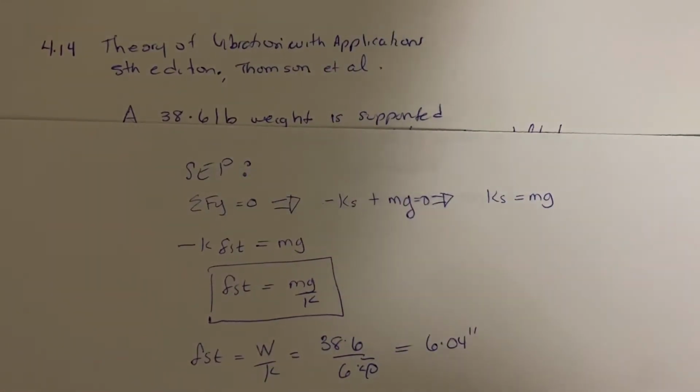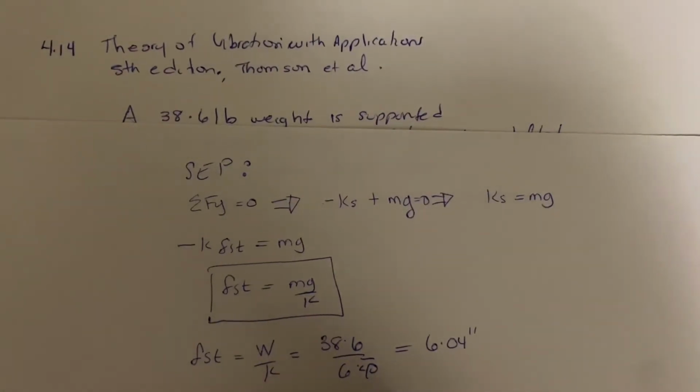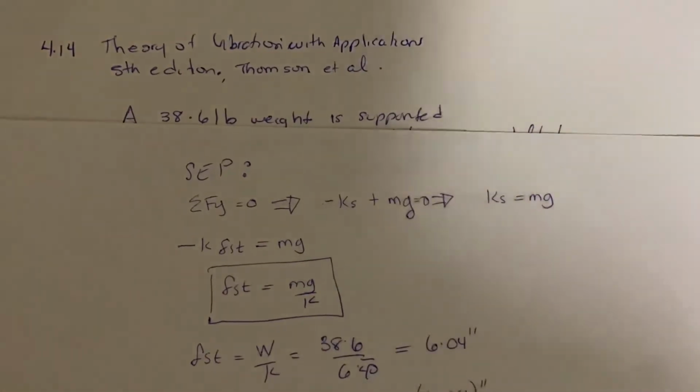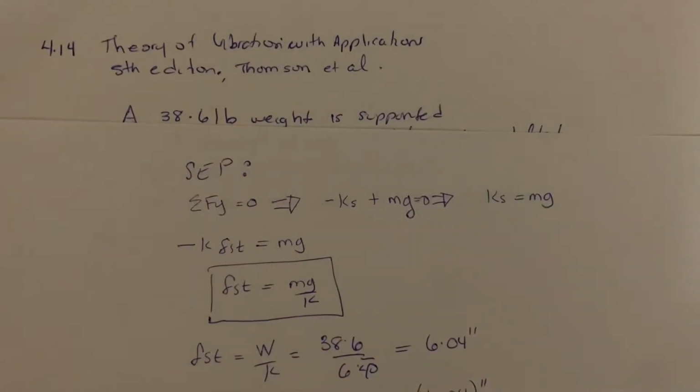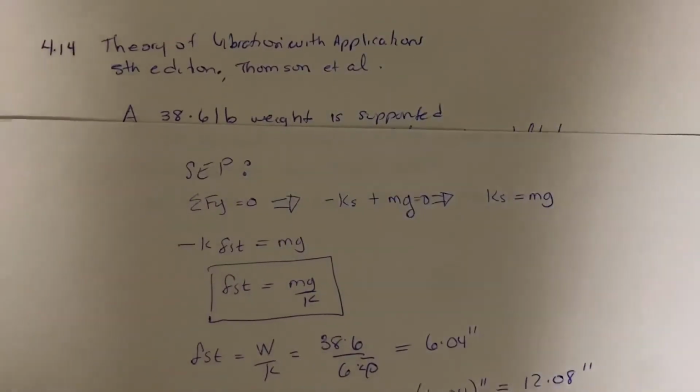Okay, now we have the static deflection and the maximum displacement is equal to 2 times 6.04 inches, and then it's going to be equal to 12.08 inches. Now let's find the time.